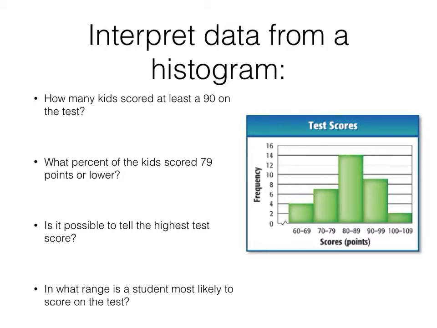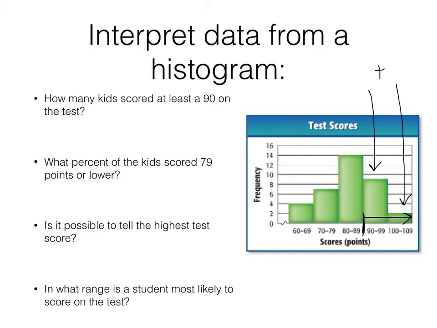So the first question on here is, how many kids scored at least a 90 on the test? So find 90. Okay, at least a 90 would be from this mark that I just made and up. So I need to know how many are in this category and this category, and then I need to add them together.